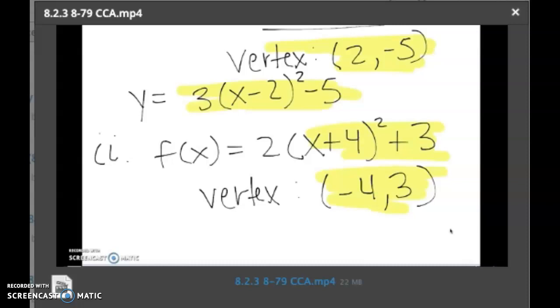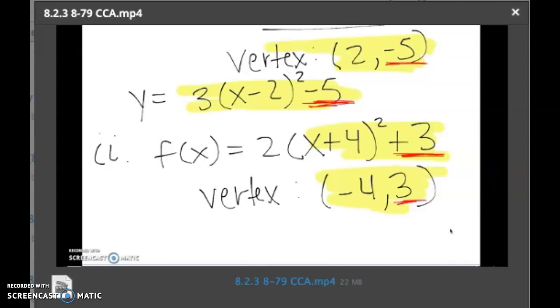Okay, and so now I'm wondering if you see any connection between the equation and the vertex. So I'm going to point out some things that I notice here. I notice that the y-coordinate of my vertex, so this piece here, is the exact same as this number at the end of my equation. So that same thing is happening in my second one here. This +3 is my y-coordinate of my vertex.